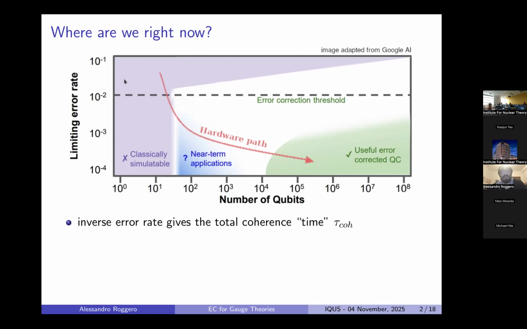The further to the bottom you are on the y-axis, the longer you can make the coherence time. Say a 10 to the minus 2 error rate tells you that you can do about 100 gates before running into complete noise.